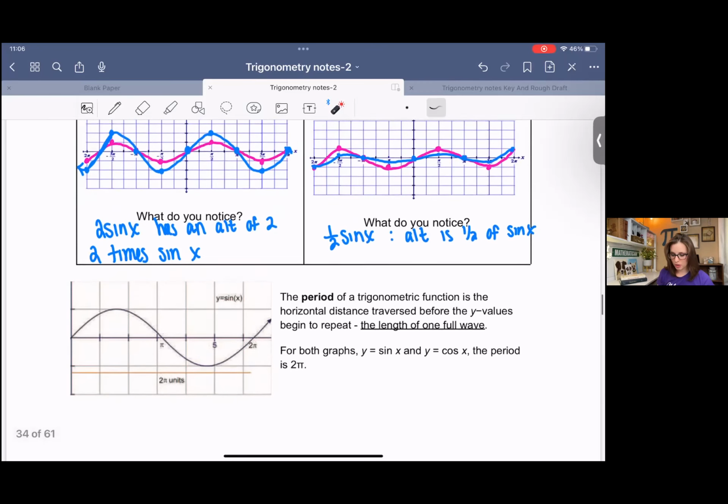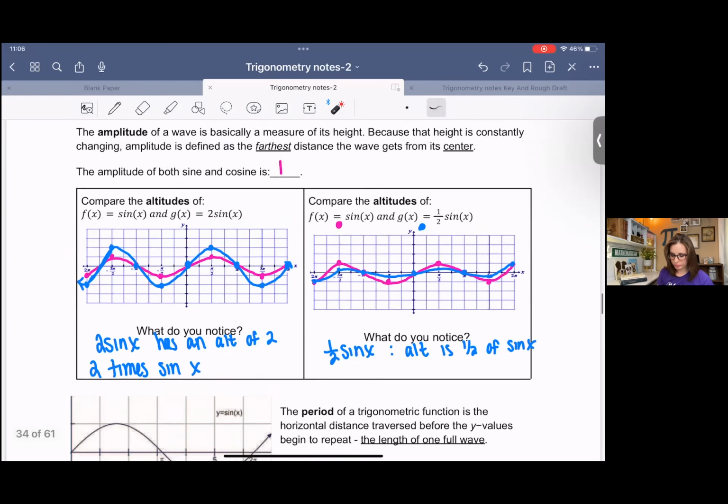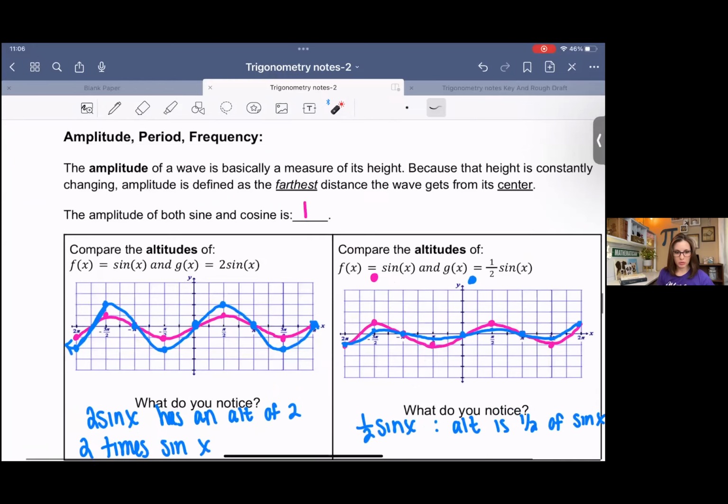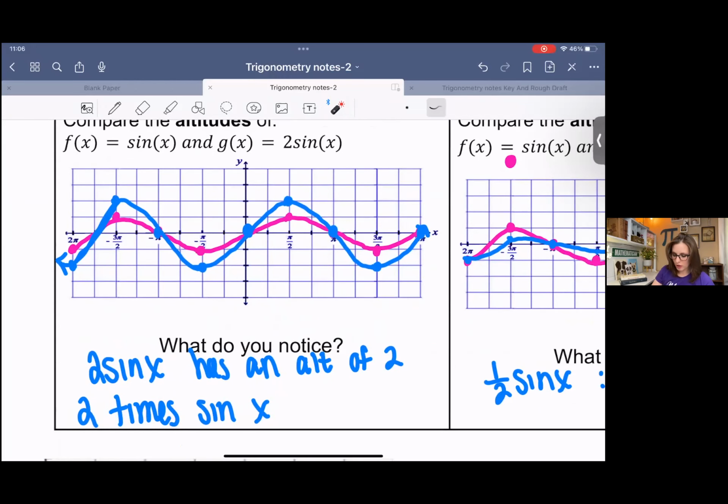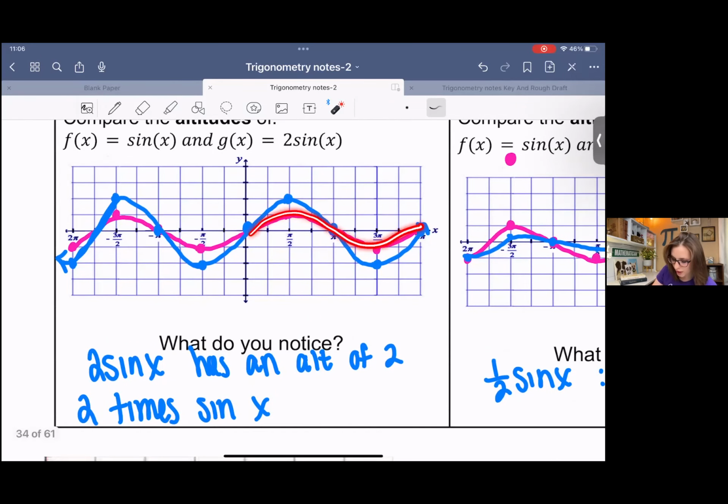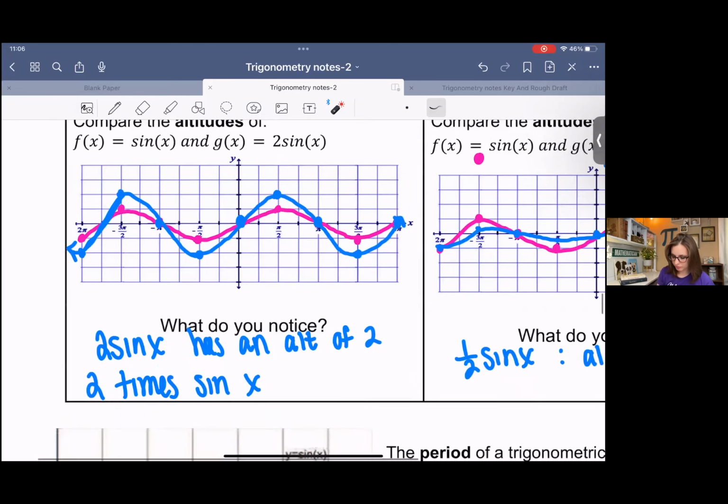So if we look up here at the pink graph, we've got one full wave, and that keeps repeating. So it completes one full wave in 2 pi. So the period of cosine and sine are both 2 pi.